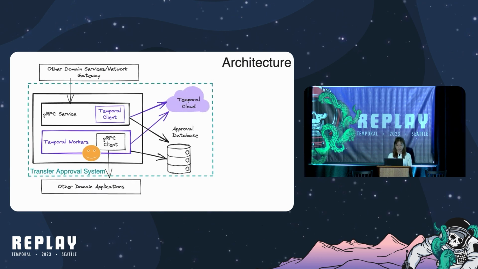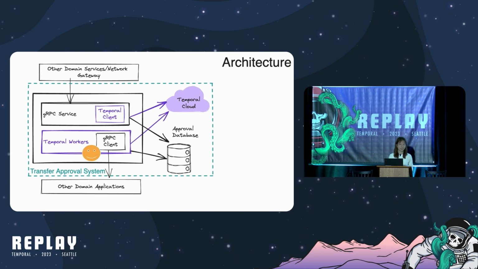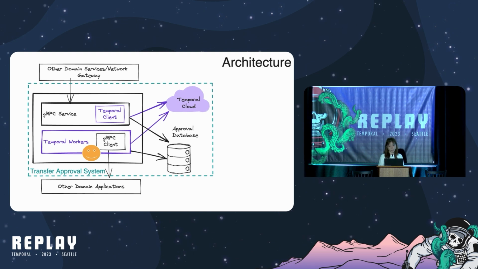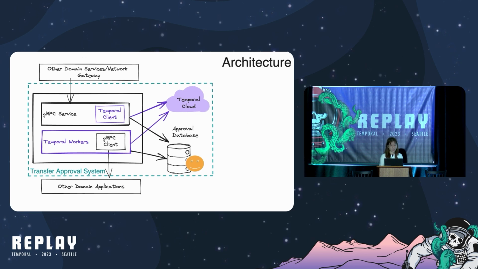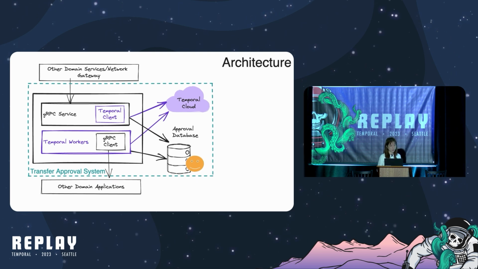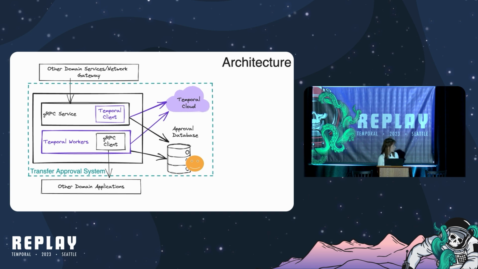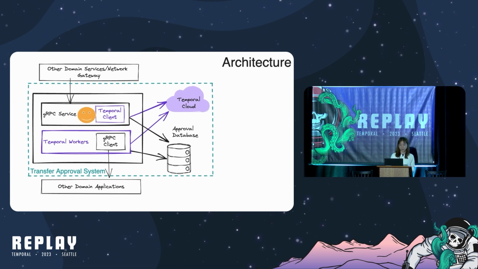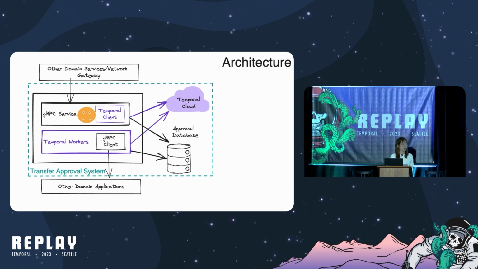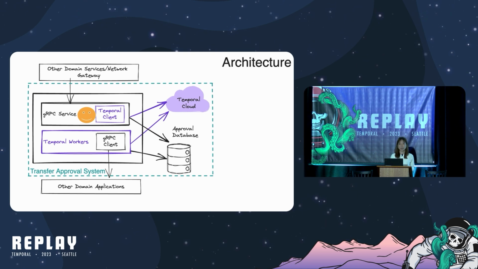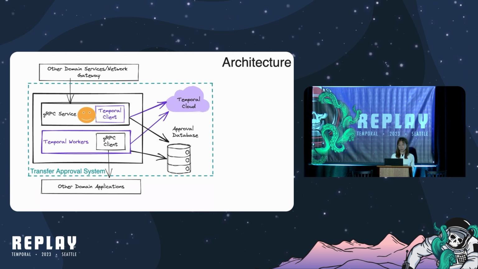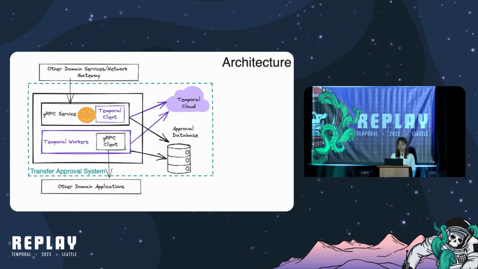The next step is to build bricks for our architecture. Undoubtedly, Temporal workers and Temporal Cloud should be in the picture in the first place. And we also add a relational database to store our business data. What's notable here is I also add an RPC service as an adapter layer. This provides convenience to other domain applications that don't want to integrate with us with a Temporal client.